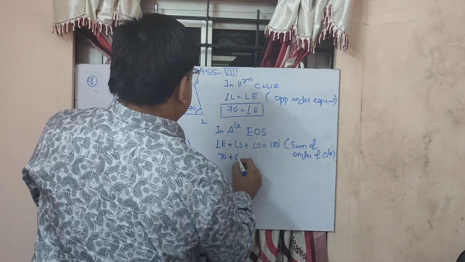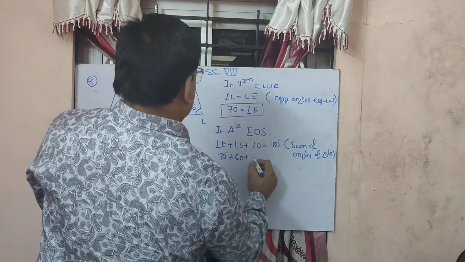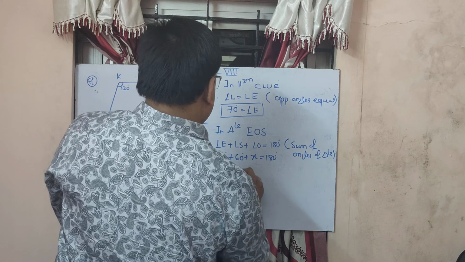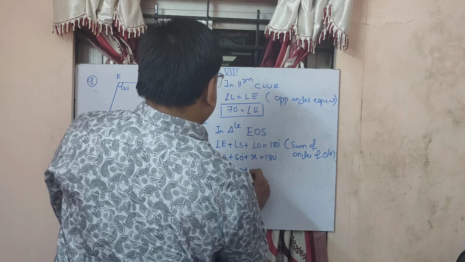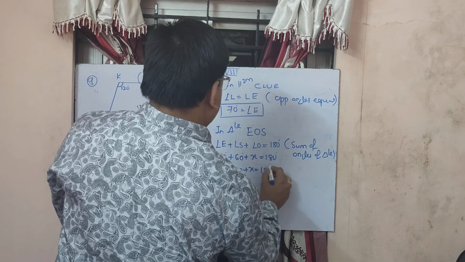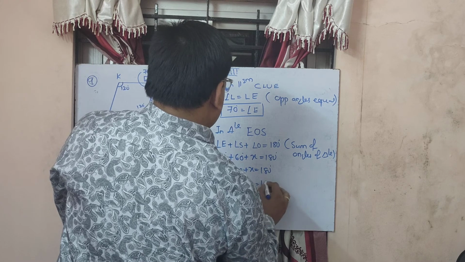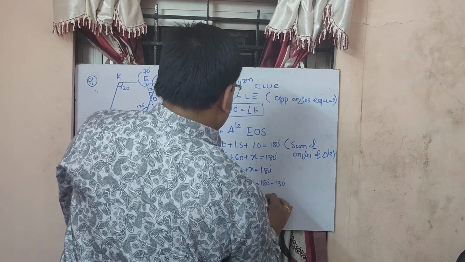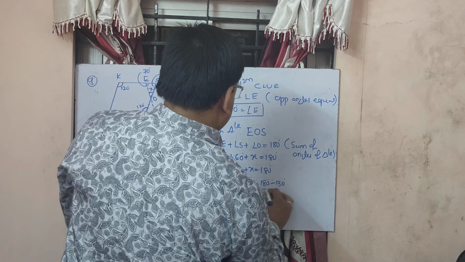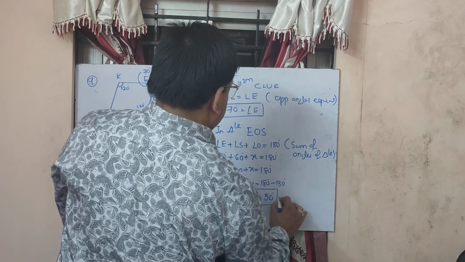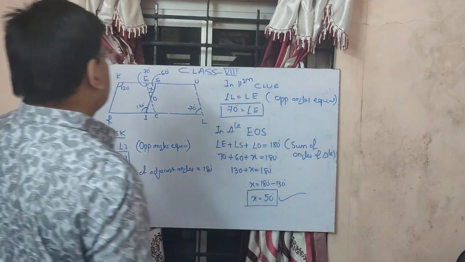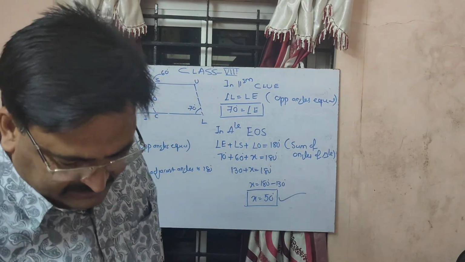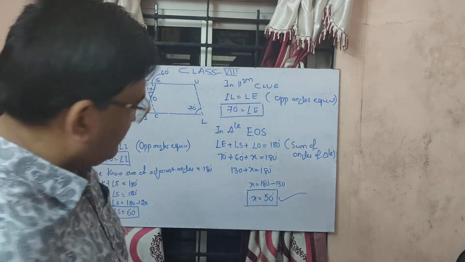Angle S is 60 degree. Angle O is X. So 130 plus X equal to 180 degree. So X equal to 180 minus 130. So X equal to 50 degrees. So this is the required thing. The value of X is 50 degree.